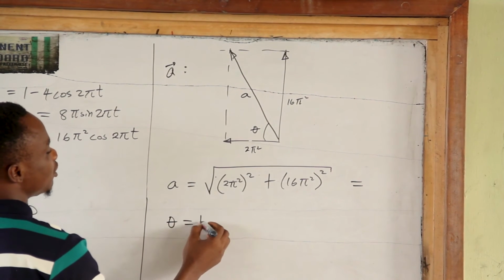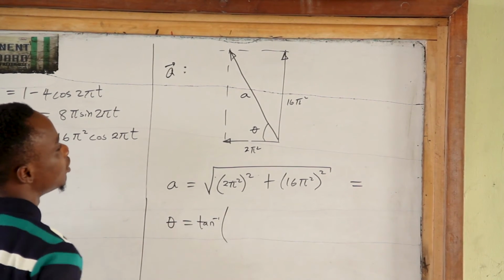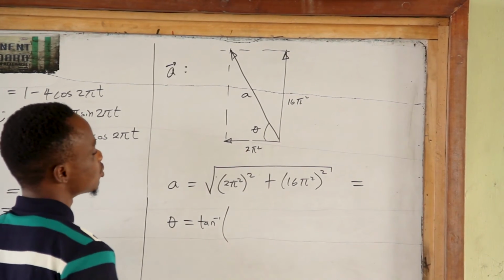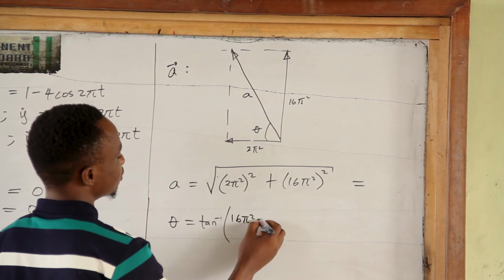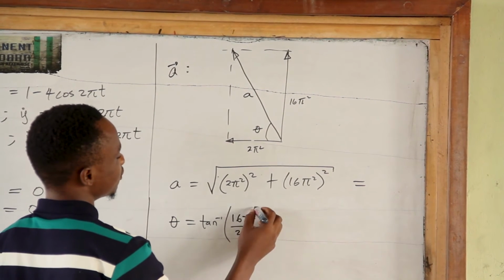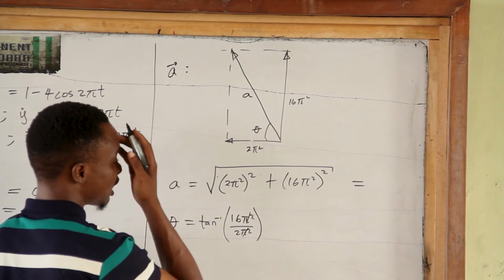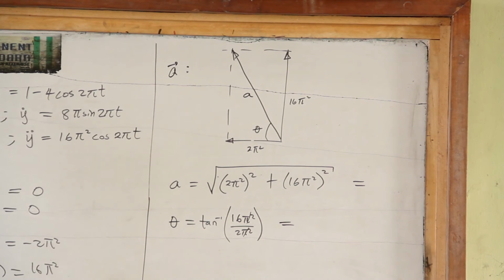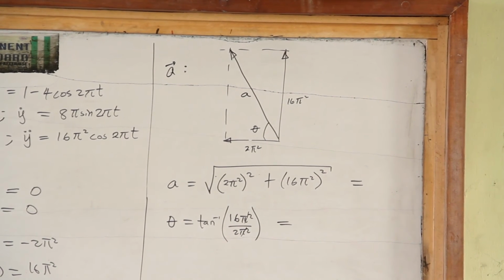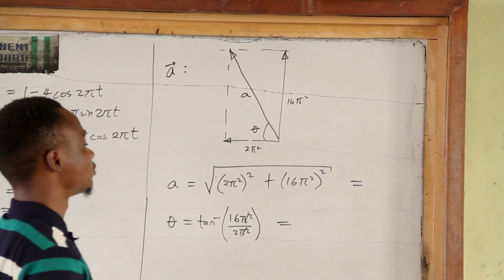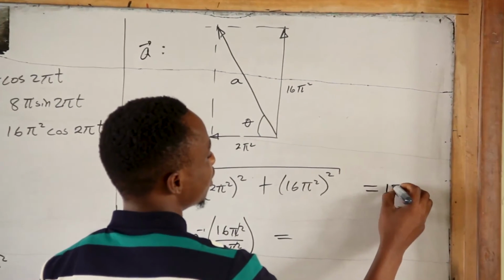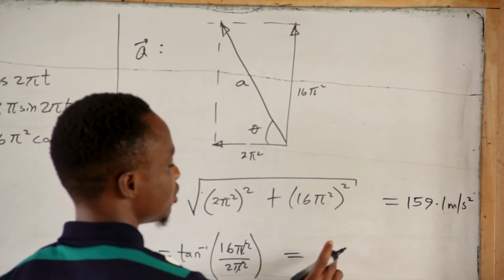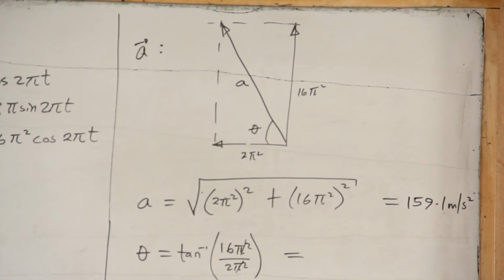And theta will be equal to tan inverse of opposite, 16 pi squared, over adjacent, 2 pi squared, which is 16 over 2, tan inverse of 8. So the magnitude is 159.1 meters per second squared.